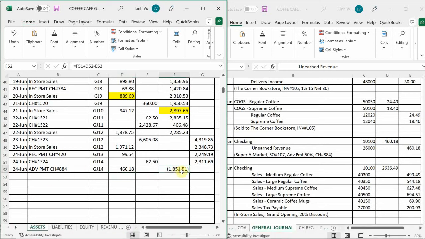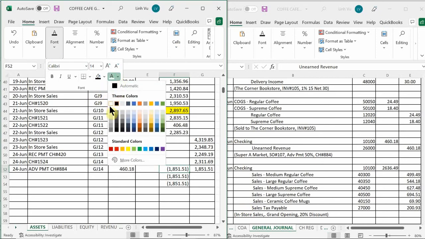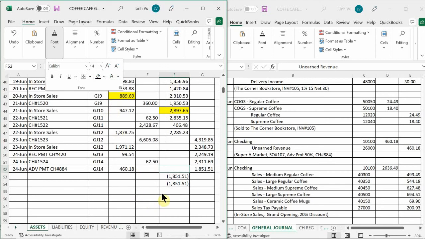So I'm still under, even though I deposited that $400 check. So 185151. Okay.